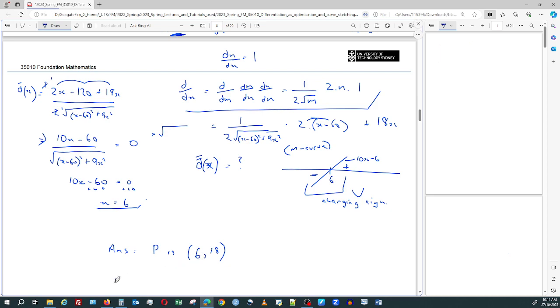Okay, so the minimum D is at 6, which is our original equation.